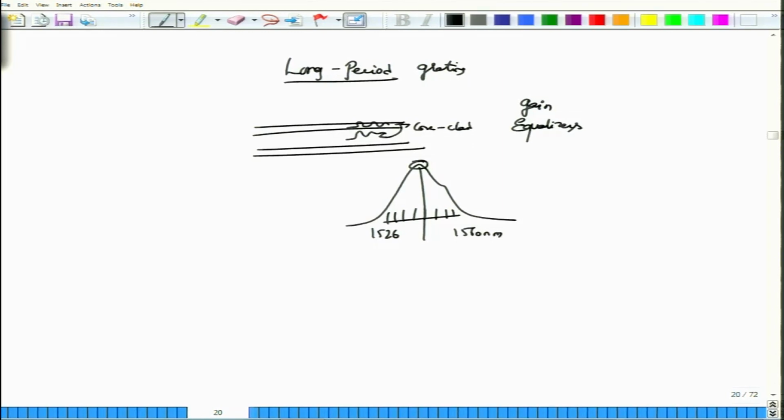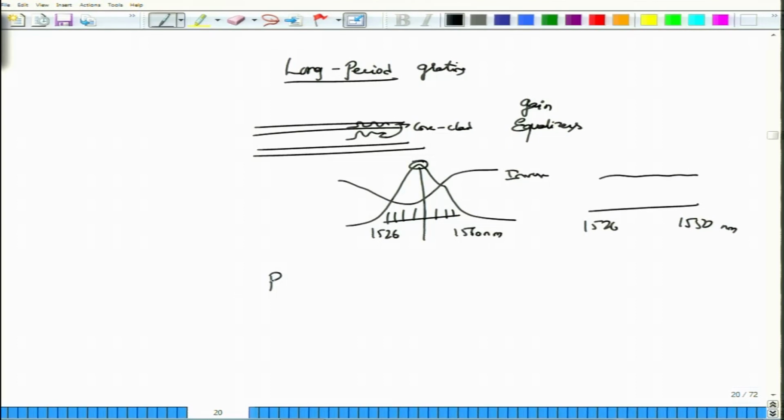But using these LPGs designed carefully, you can have a gain profile equalized, such that this will be the inverse filter, which has almost the same shape as the gain filter. So, that overall you will essentially have a uniform gain from 1526 to 1550 nanometer, so to speak.